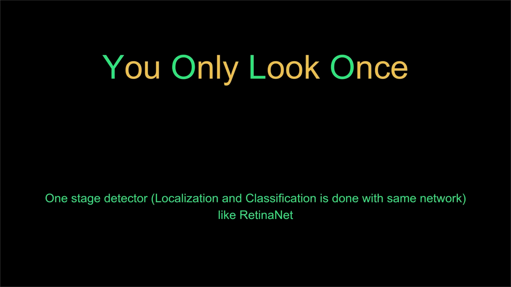And for those of you who are computer vision specialists, it is a single stage detector. So basically localization and classification is done with the same convolutional neural network. And it is unlike RCNN, which are two-stage detectors, where localization and classification is done by different networks.